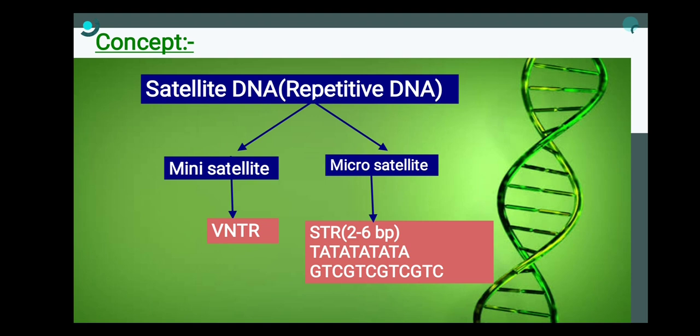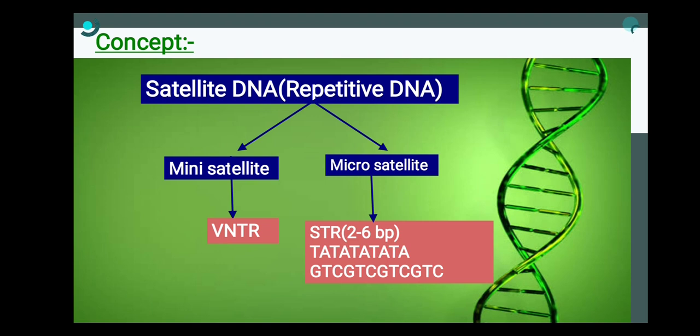An example of microsatellite is STR, short tandem repeat. What is a short tandem repeat? Short means very small and tandem means sequence, so a very small sequence is repeated. It has only 2 to 6 base pairs, so it is called STR and is categorized under microsatellite.